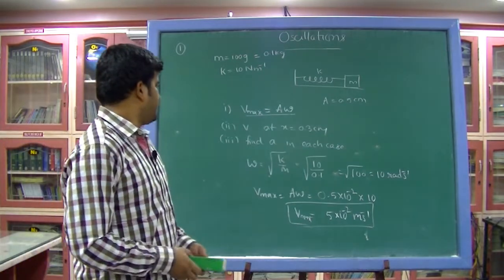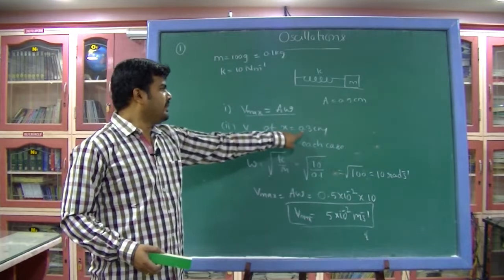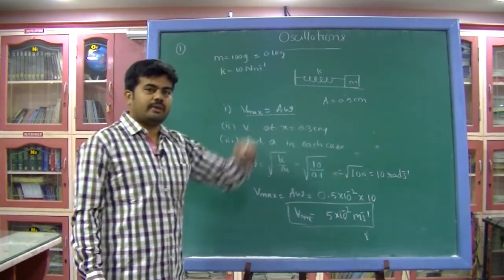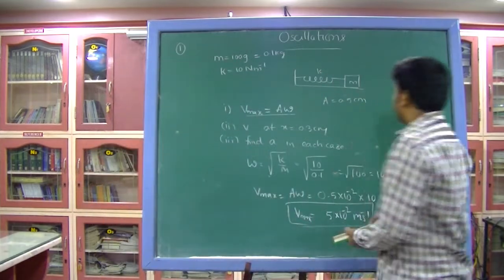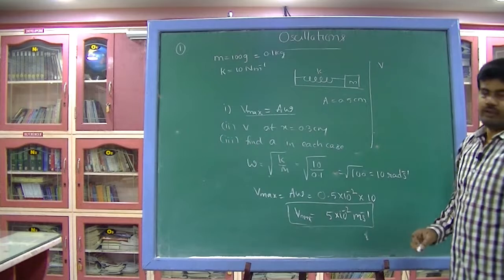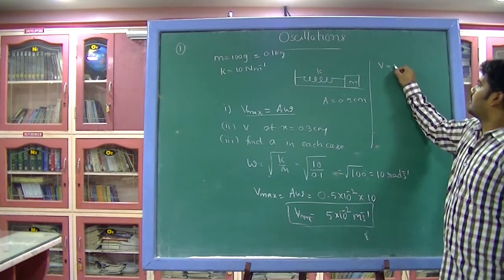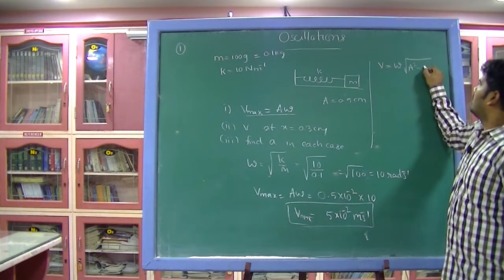Now, let us see the second part of the problem, finding the velocity at a displacement x equal to 0.3 centimeters. The velocity expression in terms of displacement is V equal to omega into root of A square minus x square.